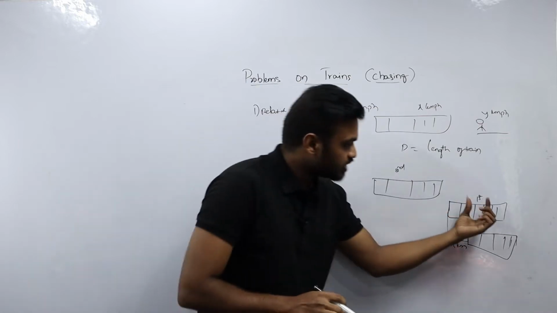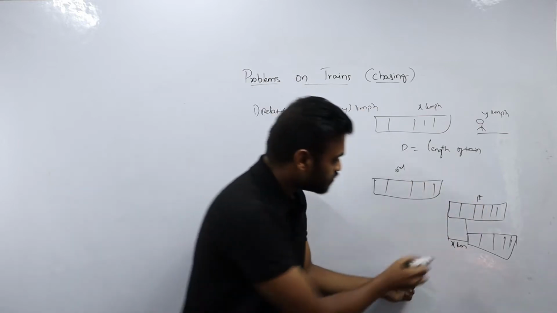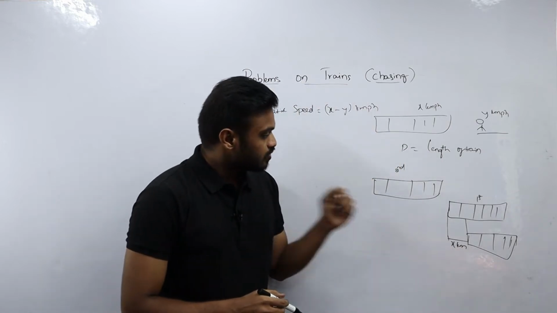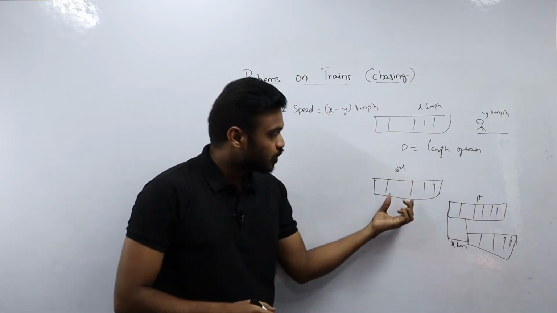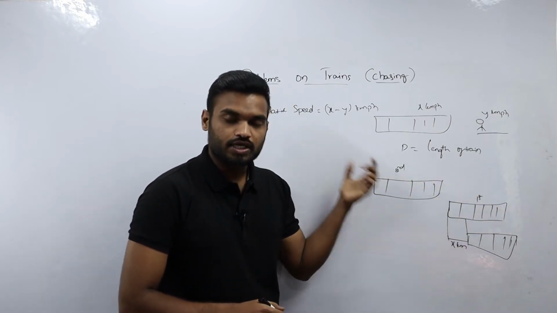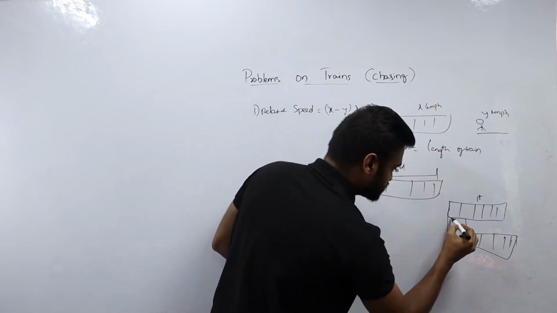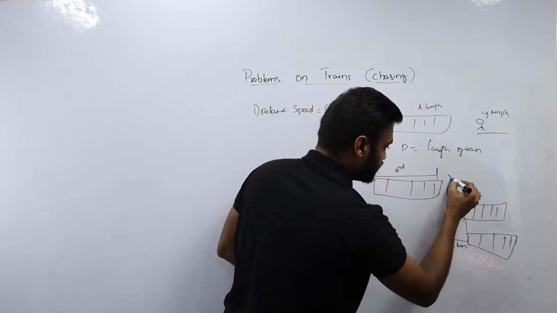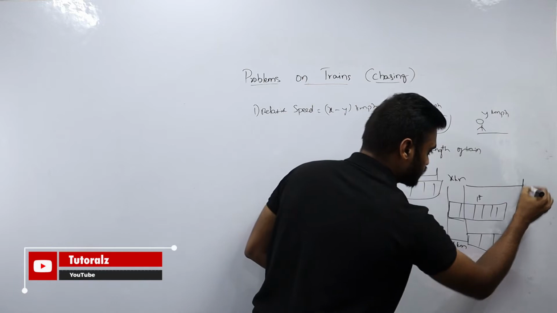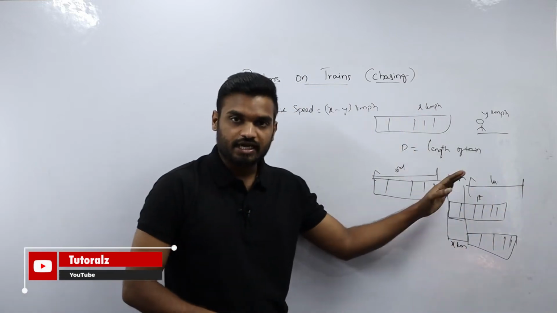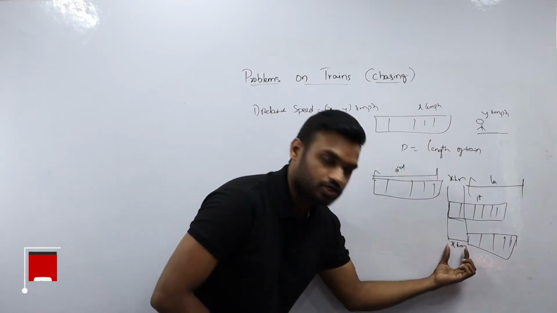Now, to overtake the first train, the second train needs to completely travel first the total length of the second train, then the distance covered by the first train, x kilometers, and then the total length of the first train. See here, the first train started running and moved a little bit, that is x kilometers.